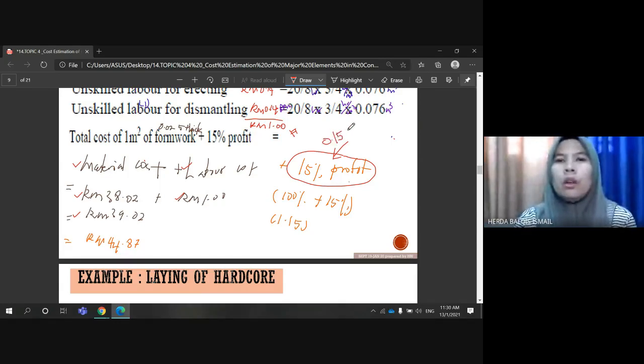So 15% out of 39 ringgit and 12 cents is equivalent to 0.15 times 39 ringgit and 12 cents.